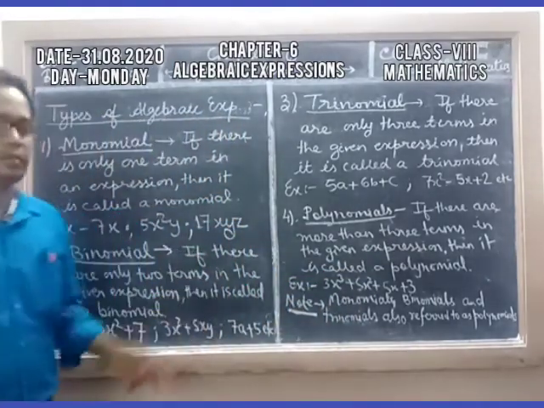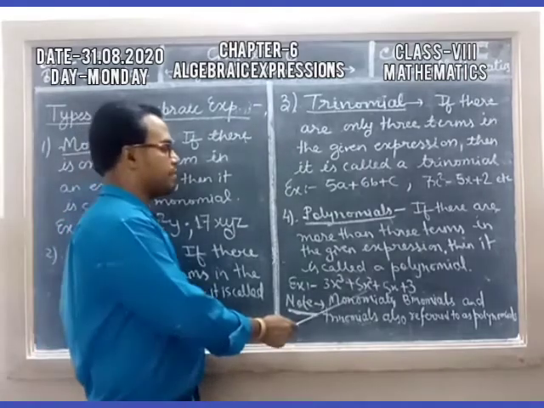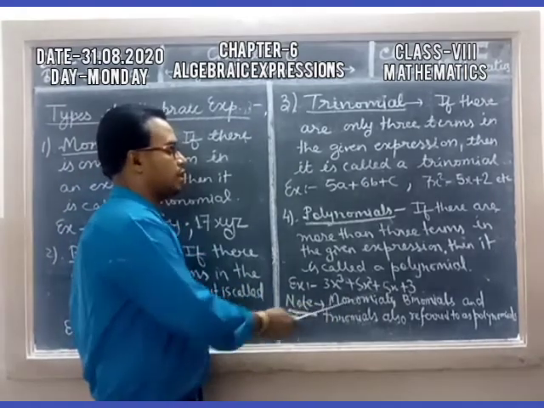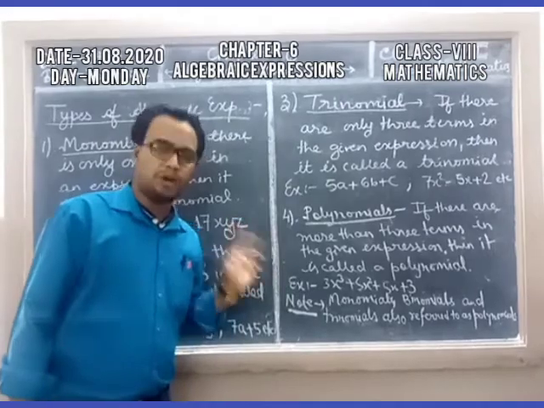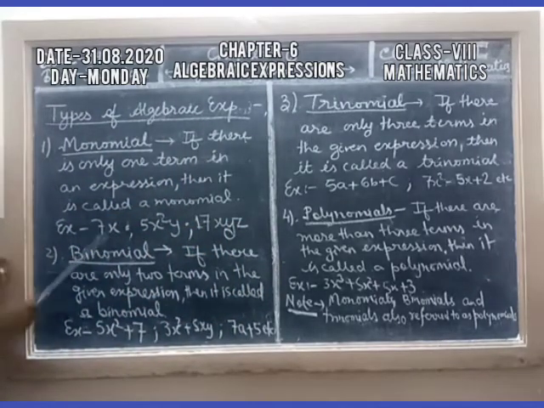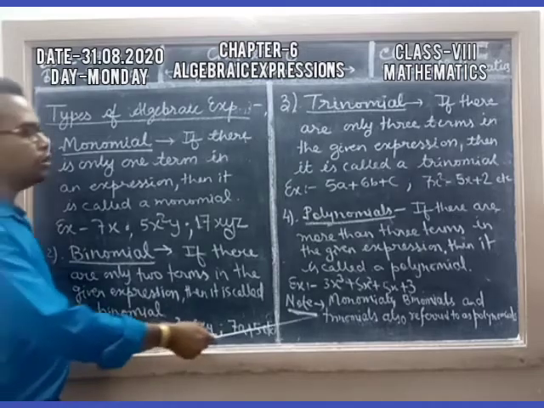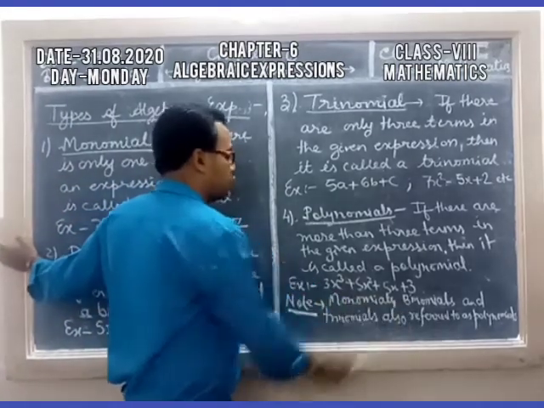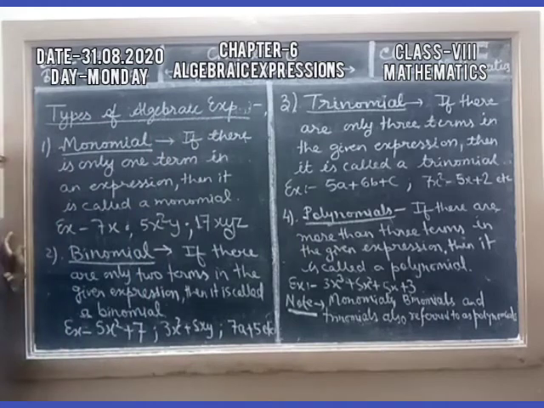Example, 3x cube plus 5x square plus 5x plus 3. There are four terms, so it is called a polynomial. Actually, students, monomial, binomial, trinomial are also referred to as polynomials, but with different names. Single term, linear polynomial.